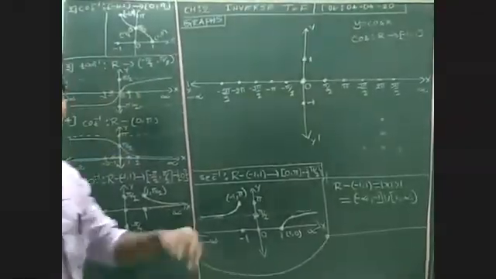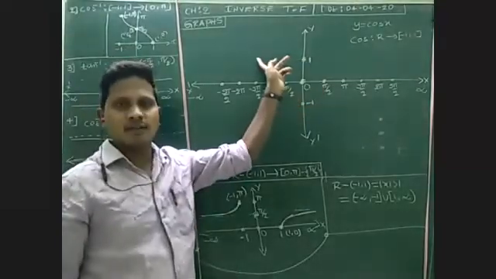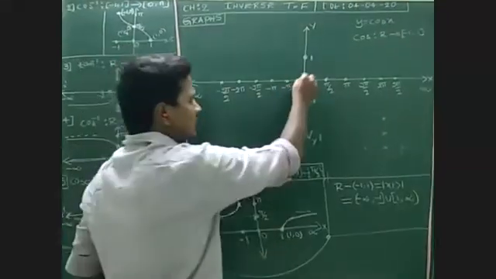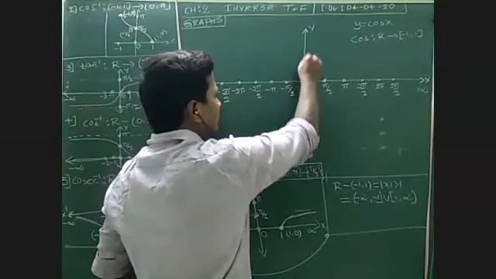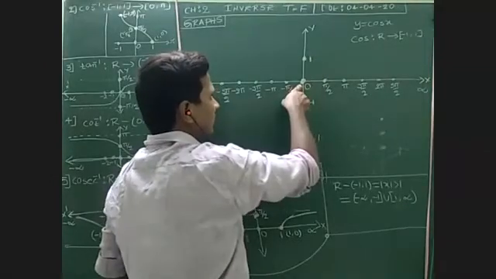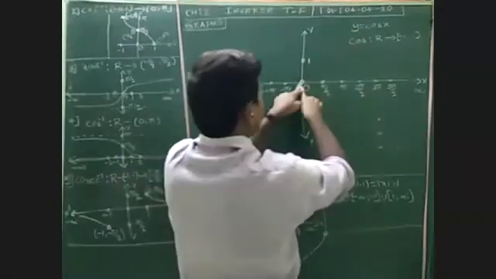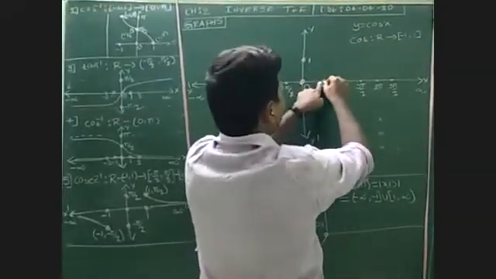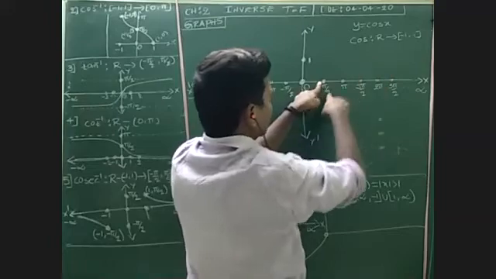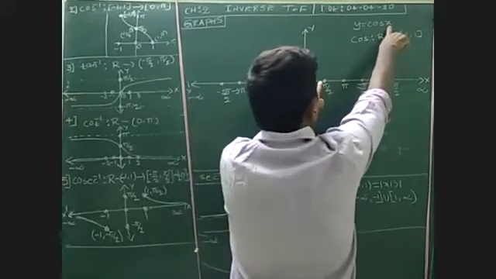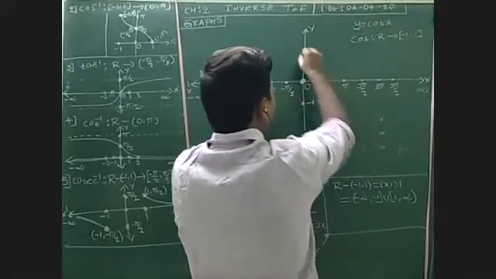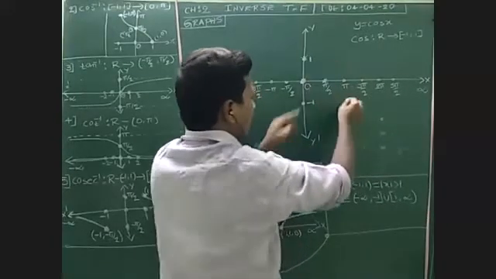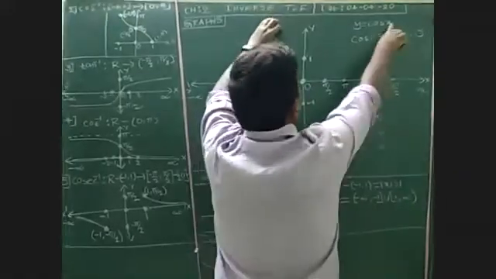Okay, first the cos x graph. We know that cos 0 value is 1. Substitute x is equal to 0, here y value is 1. This is the point. Next, on the x axis we are having 90. Substitute 90 here. Cos 90 is 0. Then cos 180, substitute x value 180.